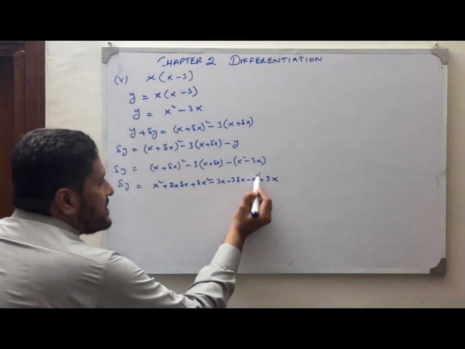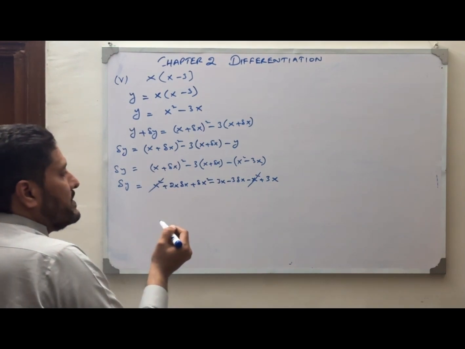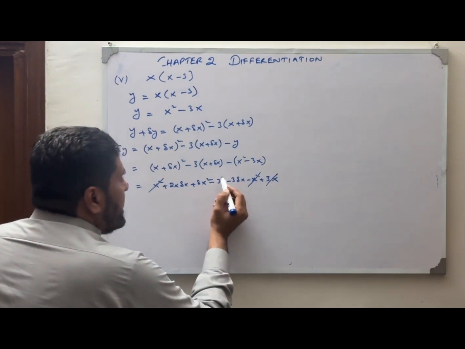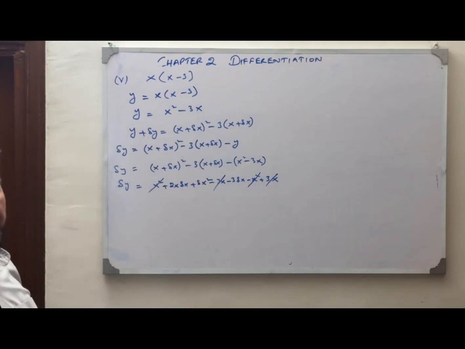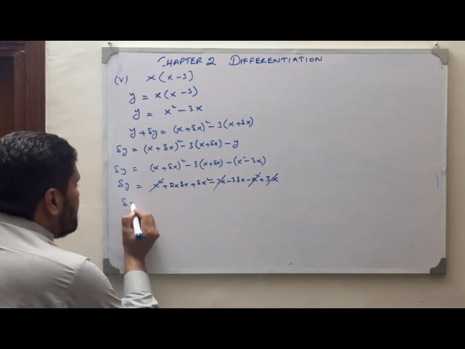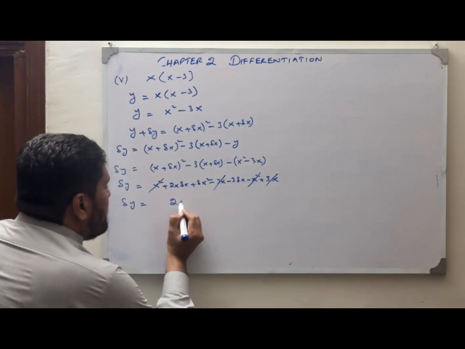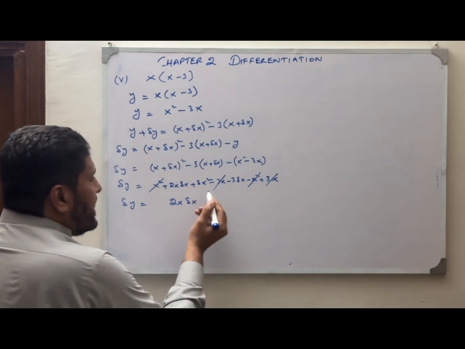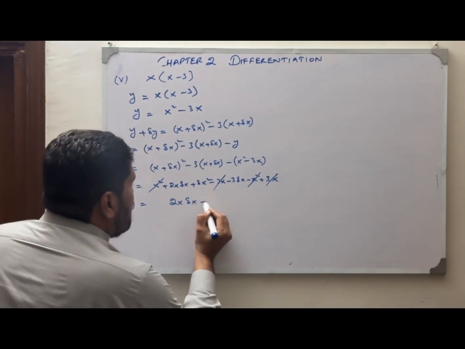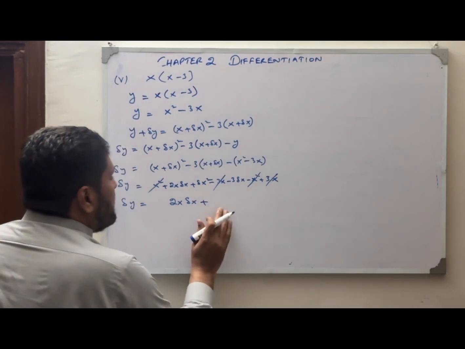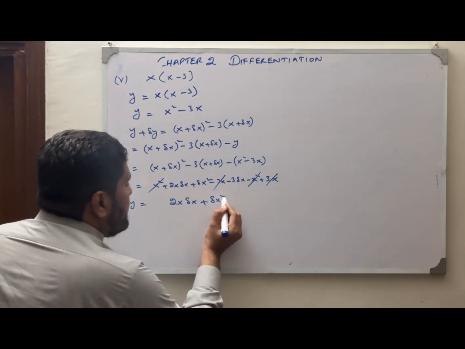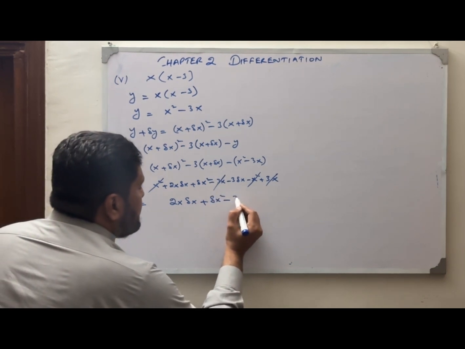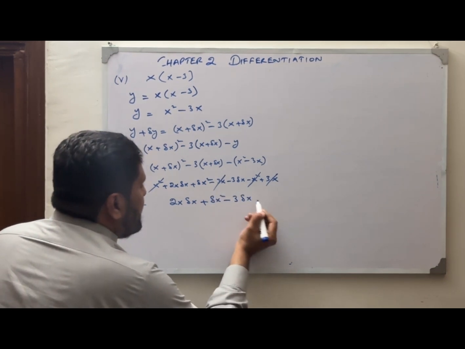So this minus x square will be cancelled with this term, and plus 3x and minus 3x will be cancelled, and our remaining term, our delta y, is equal to 2x delta x plus delta x square, and then minus 3 delta x.